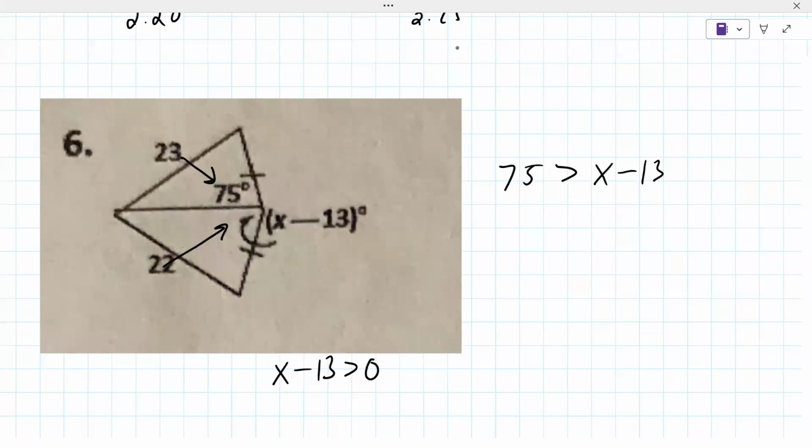Okay, so let's get a compound inequality where x, what's on the other side? 13. Good.